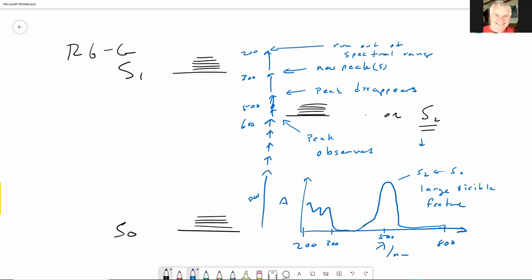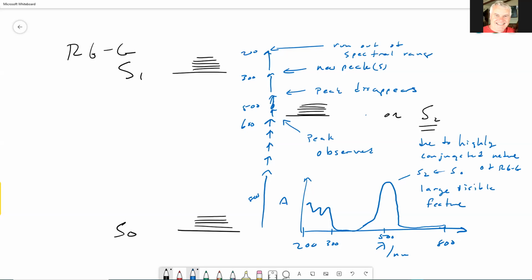And this is due to the aromatic, let's say, not necessarily aromatic, but the highly conjugated nature of R6G.